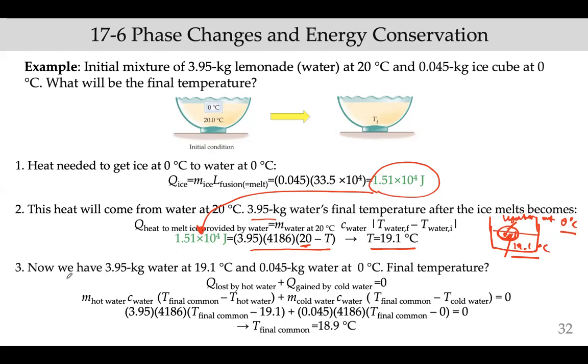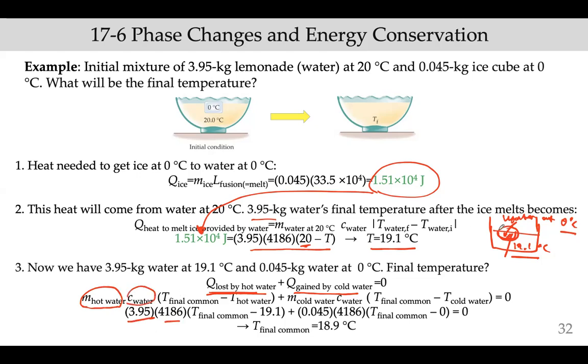Now let's calculate it. The heat lost by the lemonade will be gained by the cold water. Because energy is conserved, if you add them up, it will add up to 0, since one of them is going to be negative and the other positive. For the first term, this is the mass of the lemonade, which is 3.95, and the specific heat of water is this value.